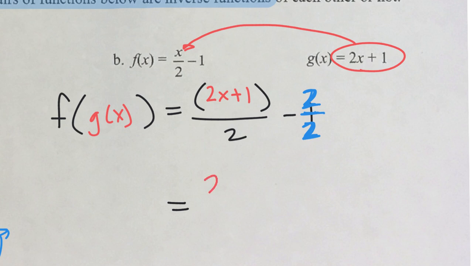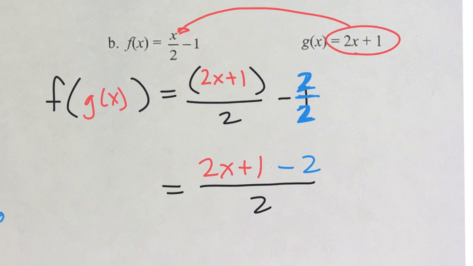So I have 2x plus 1 minus 2, all divided by 2. I've combined these two numerators under one denominator. You never add or subtract in the denominator. You're only doing that in the numerator.